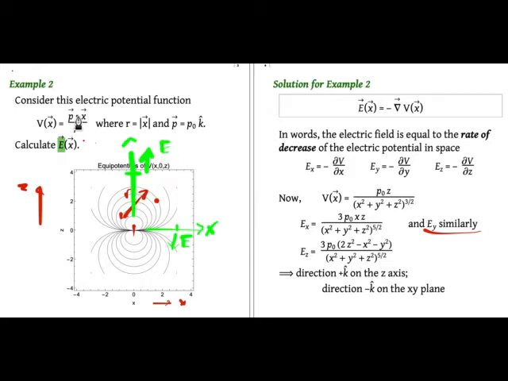So in fact, this is the potential function for a dipole field. This will be a dipole field. It'll point upward here, it'll point downward over here. And you could work out any other point. All right. So that's a case where you have to do the gradient of the potential function.